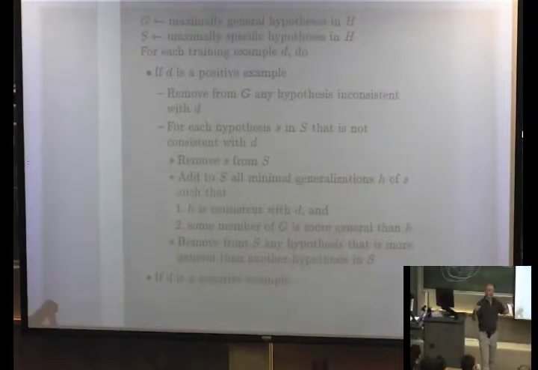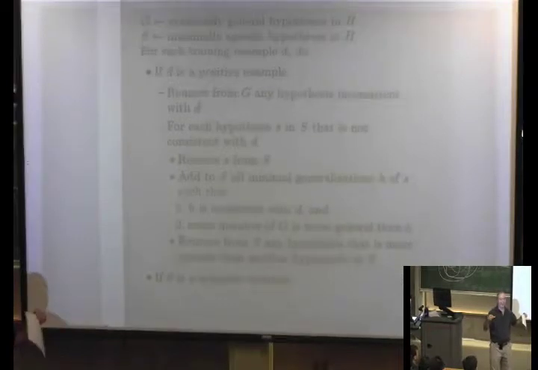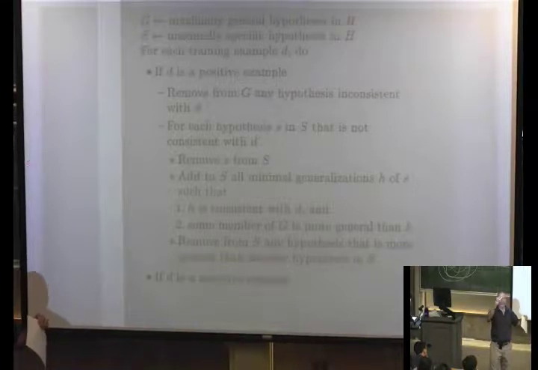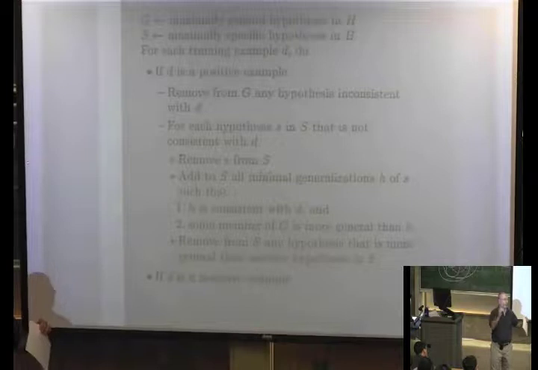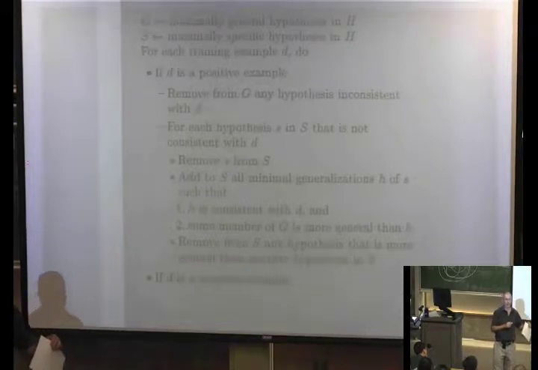G may have multiple members, and all we have to do is find those members of G that are no longer consistent, that no longer belong to the version space, and throw them out. And we don't need to do anything else. By throwing them out, we're implicitly throwing out any chain that starts from them, unless that member connects to some other member of G.